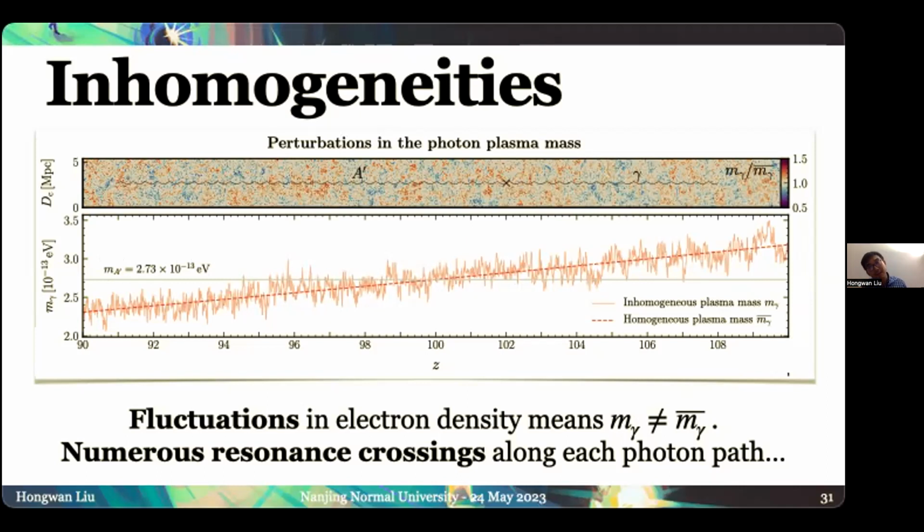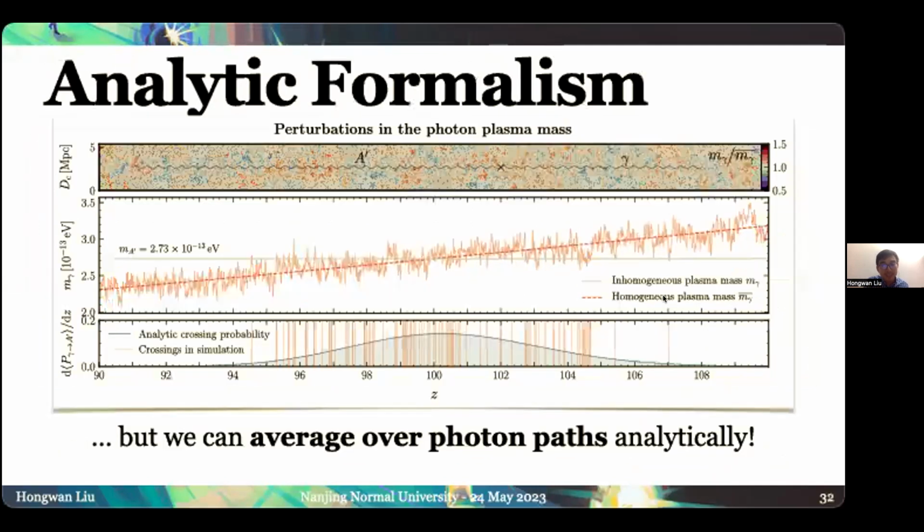And so you might think this is intractable because each photon is going to do something different. So how are you going to determine what is the mean result averaging over all of the photon paths? But surprisingly enough, you can actually write down an analytic formalism that allows you to average over all possible photon paths as they travel from the surface of last scattering all the way to us.